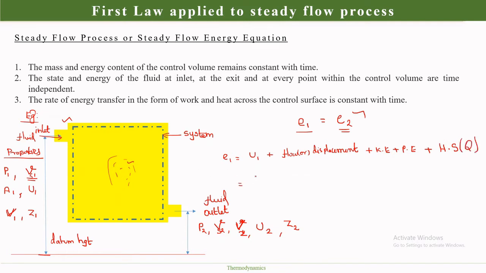Now the internal energy is U1, plus the flow or displacement energy, which is pressure P1 times V1. How has it come? Flow energy is force into the distance traveled, x.